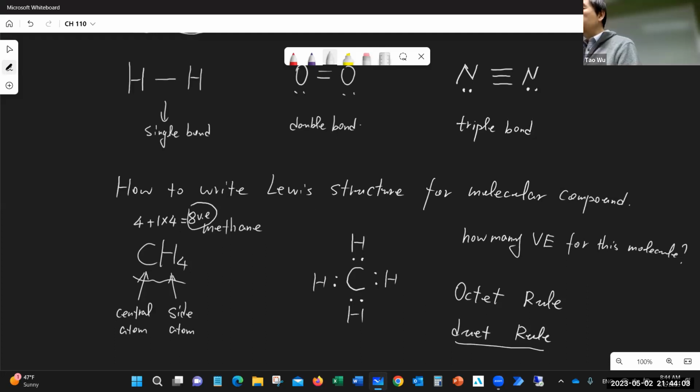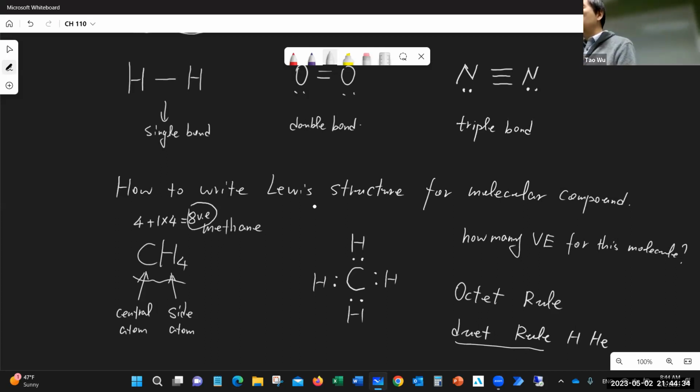The duet rule is only for hydrogen and helium, because those two elements only need 2 dots to be stable. Helium and hydrogen are in just the 1s subshell, and the 1s can only hold 2 electrons. So they just need 2 electrons to be stable.